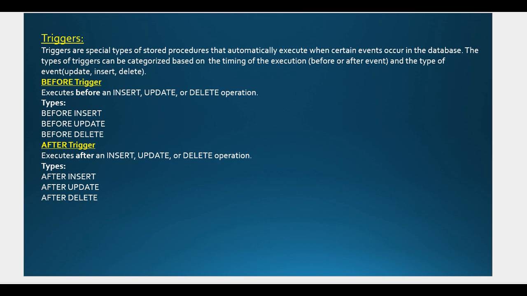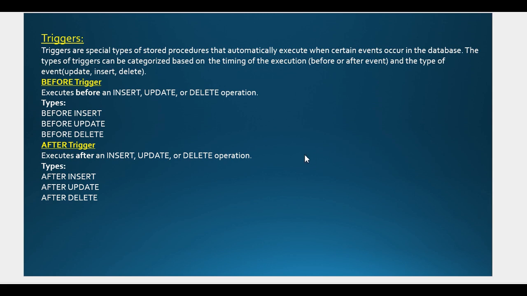Here we can change the values of the columns before the insert actually happens. It helps in preventing wrong or invalid data from entering the table, and it improves data integrity by enforcing business rules at the database level.